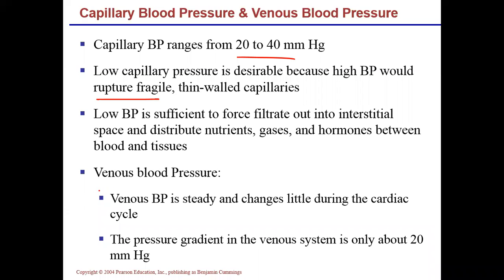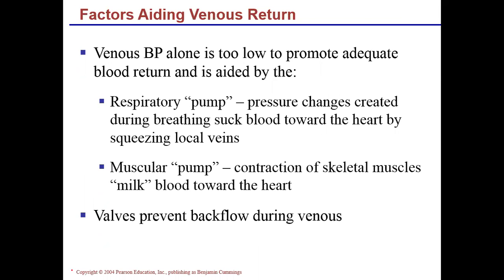We discussed how it is sufficient to have low blood pressure, especially in the capillaries, so substances can get exchanged. These substances could be nutrients, gases, hormones, vitamins and things of that nature.